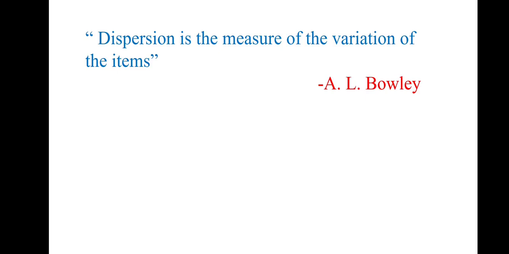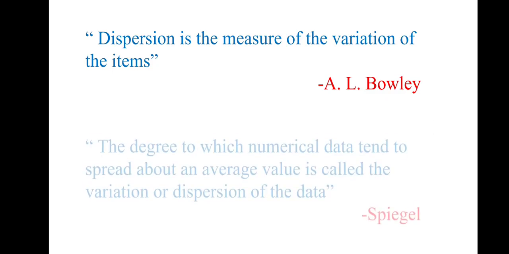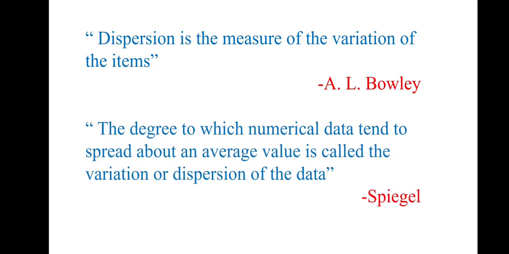Then Spiegel defined: the degree to which numerical data tend to spread about an average value is called the variation. Numerical data tend to spread; how far it is spreading from the group.